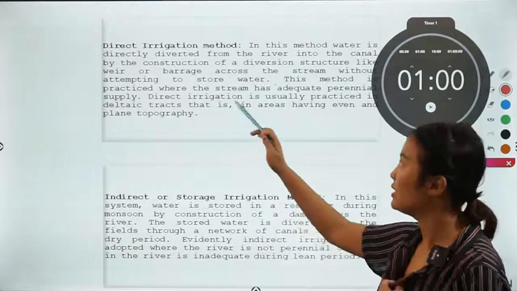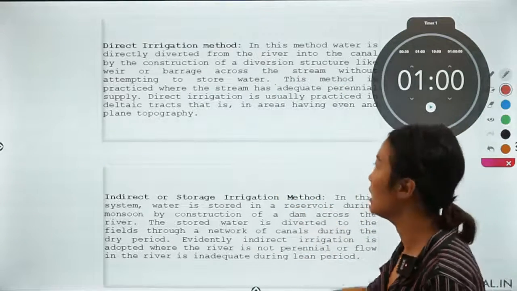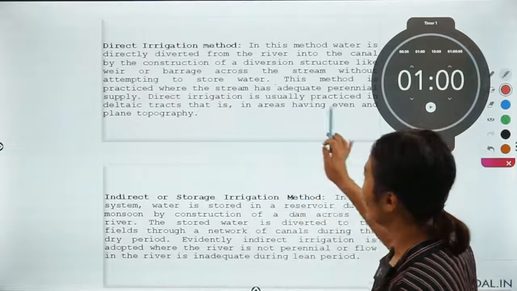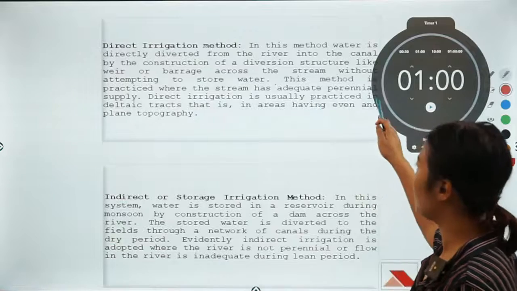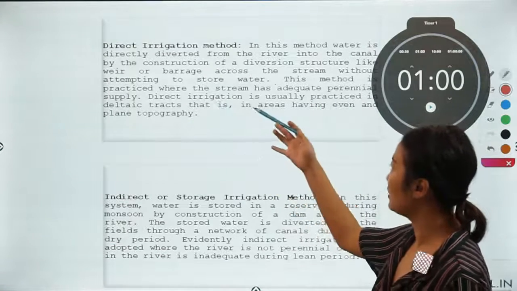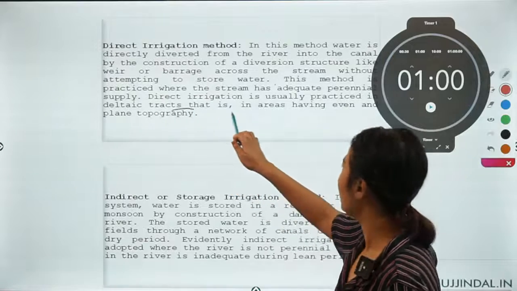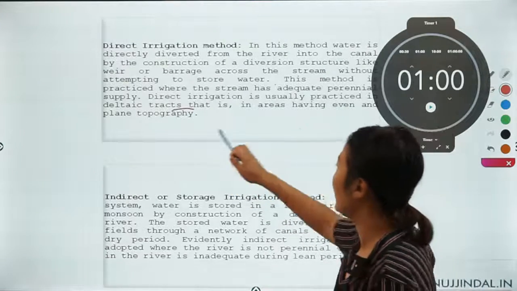This method is practiced where the stream has adequate perennial supply. Direct irrigation is usually practiced in deltaic tracts, that is, in areas having plain topography.